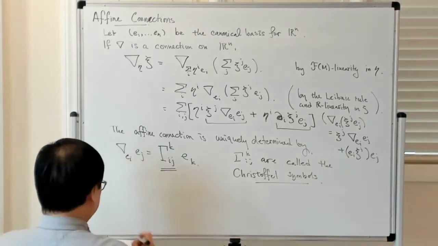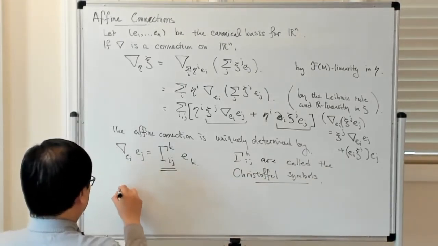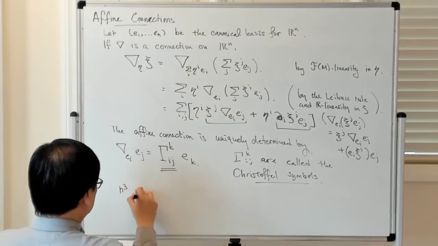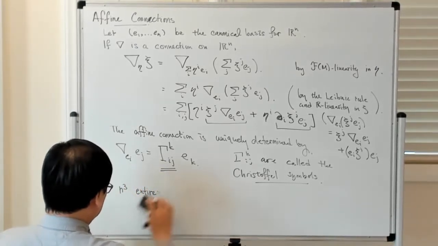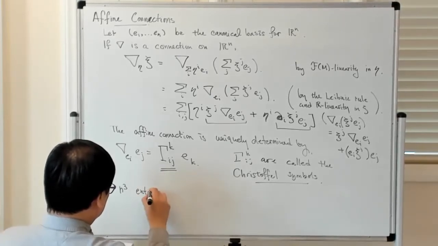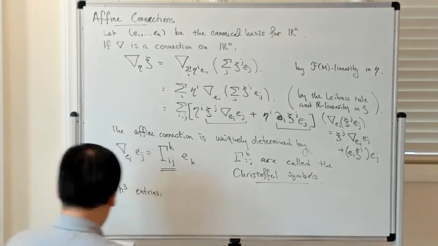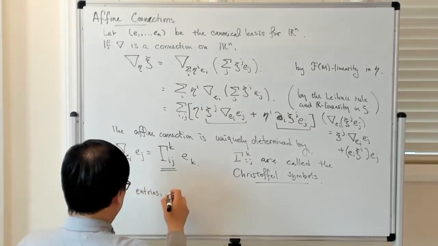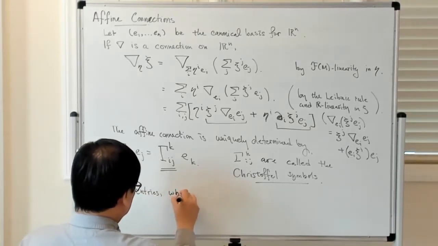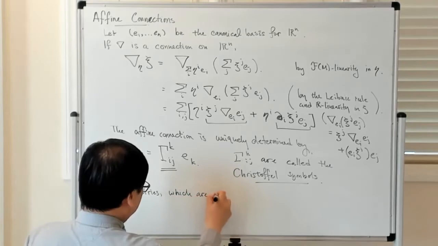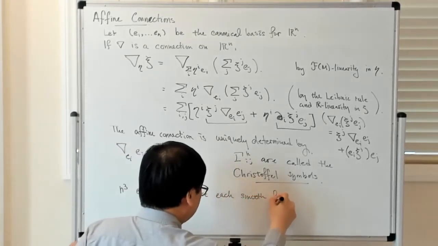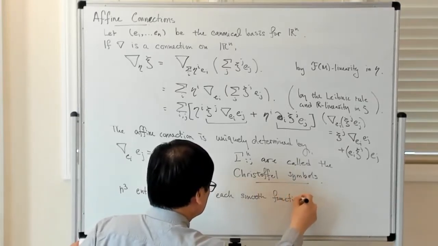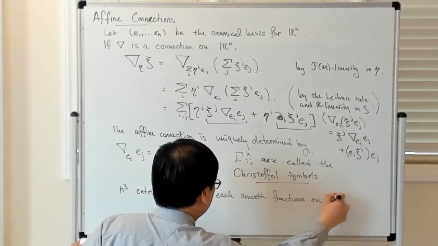And then there are n cubed of those. So there are n cubed entries. And these are just smooth functions, which are each smooth functions on R^n.